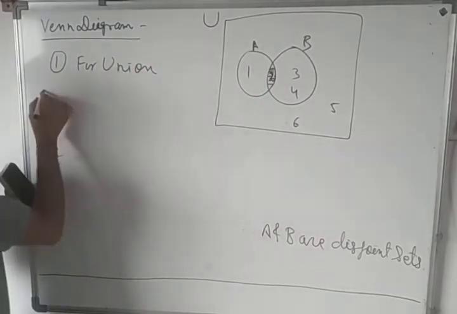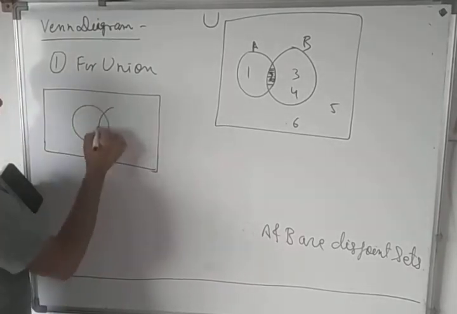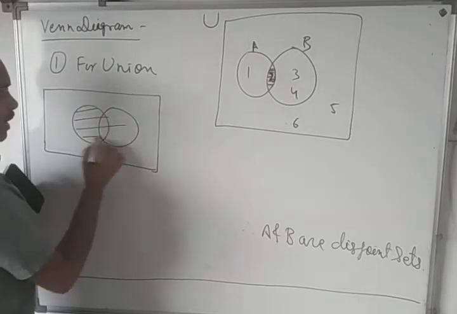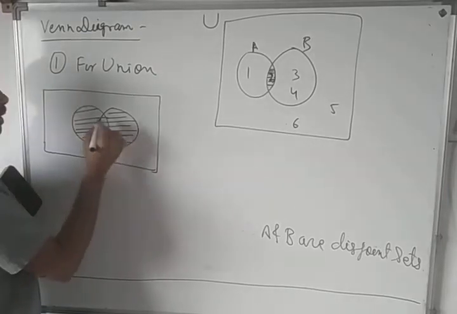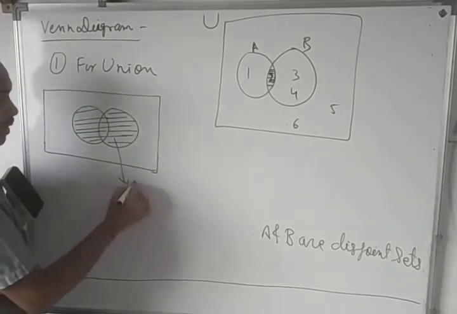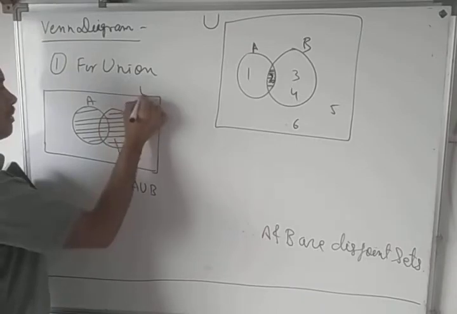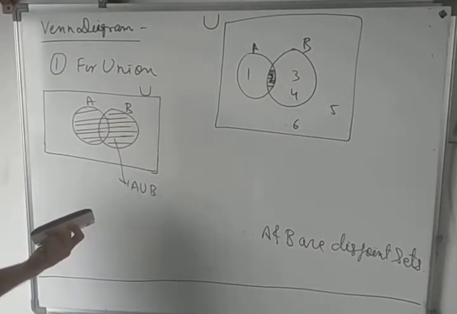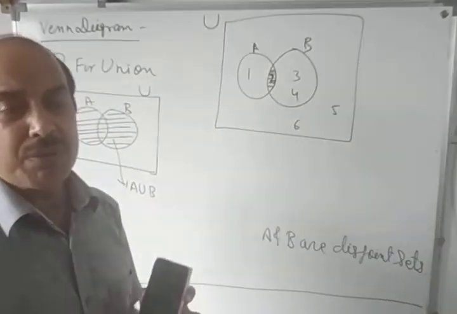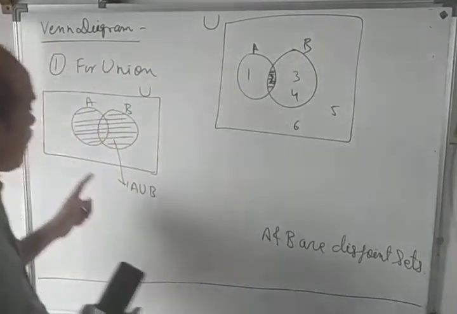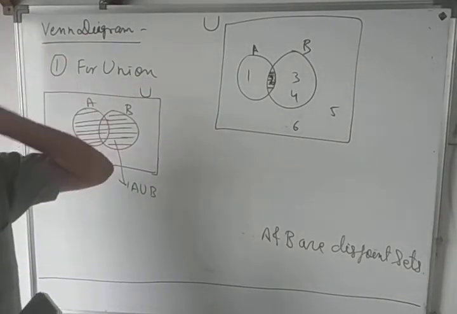This is for intersection. For union, you can show this combined, because we are making union means taking all the elements of A and B. So this will be represented by A union B. You can take elements, or you can simply say this is A, this is B, this is universal, and denoted by A union B. If the question is asked that show the union of two sets by Venn diagram, then both type of the figure, like this one without element, can also be covered, or you can put some elements like this, can also be covered.